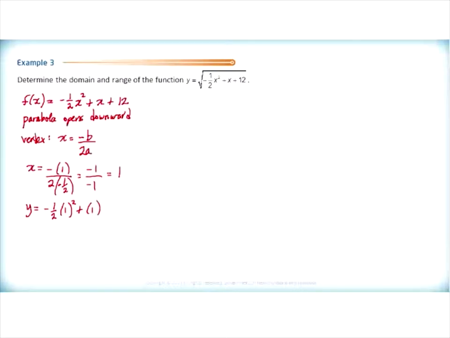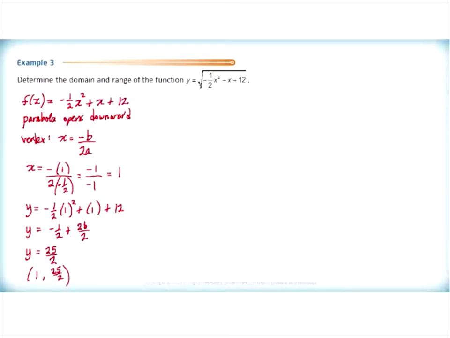So we have y equals negative 1/2 times 1 squared plus 1 plus 12. Y equals negative 1/2 plus 13, which is the same as 26 divided by 2. So the y-coordinate here is equal to 25 over 2. The coordinates of the vertex then are 1 and 25 over 2.